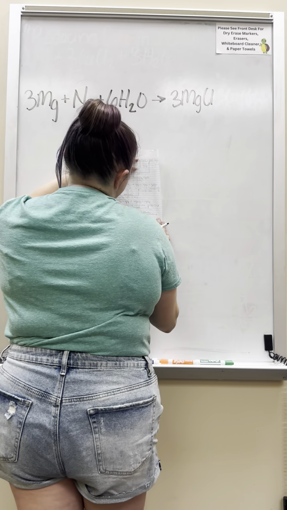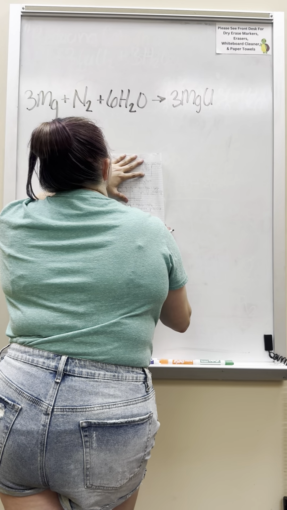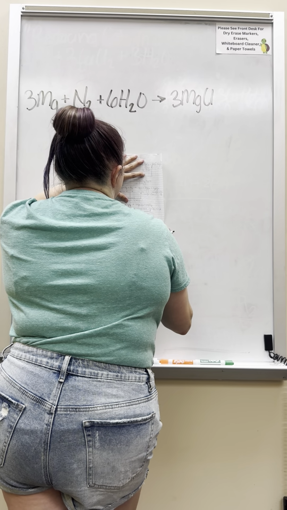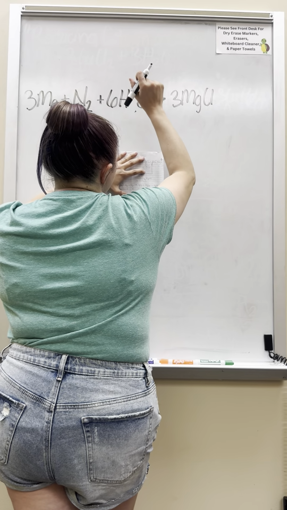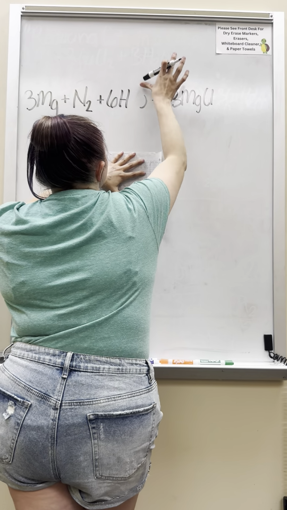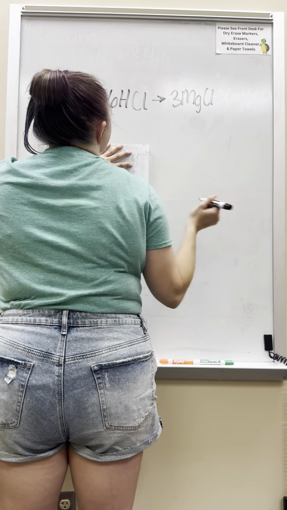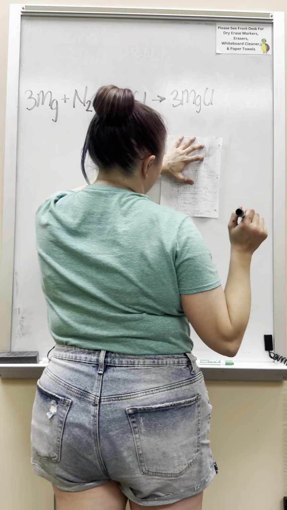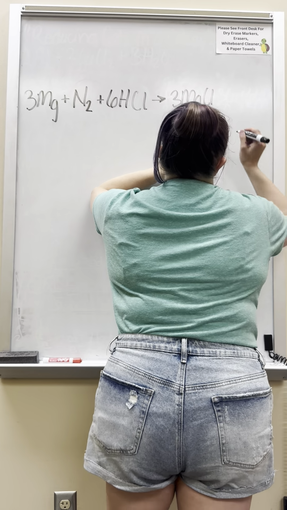No, I'm not. Oh, where did I mess up? Oh, here. 6HCl, because the one below it is H2O. HCl. Plus 2NH3.